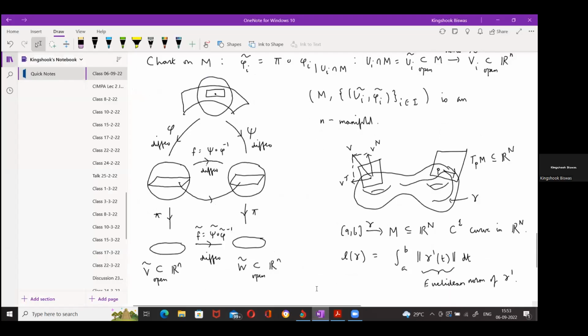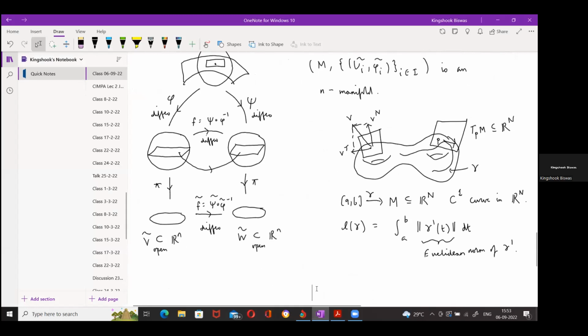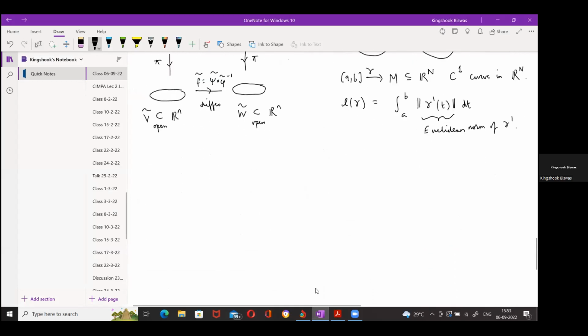Say this is my shortest curve. Now what I can do is consider variations of this curve.